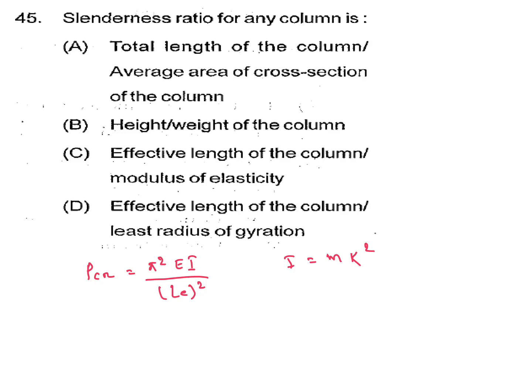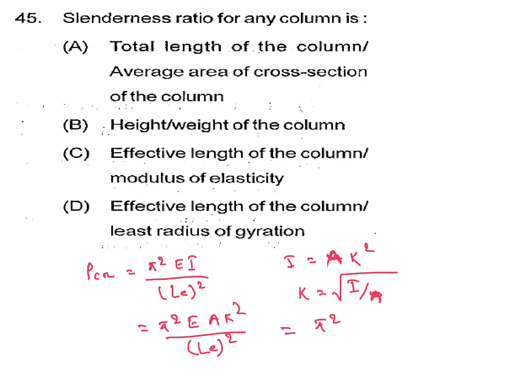So K is root over I by A, that is I equals A K square. So P critical is pi square E A K square by L effective square. We can write it as pi square E A divided by (L effective by K) square.